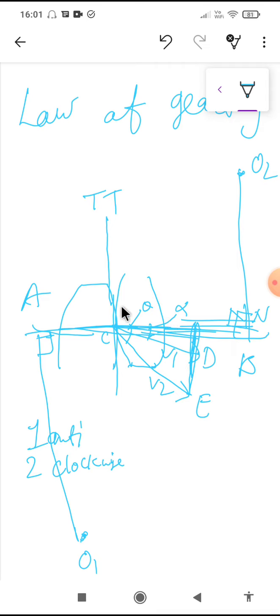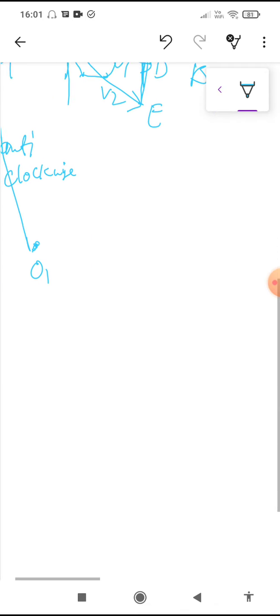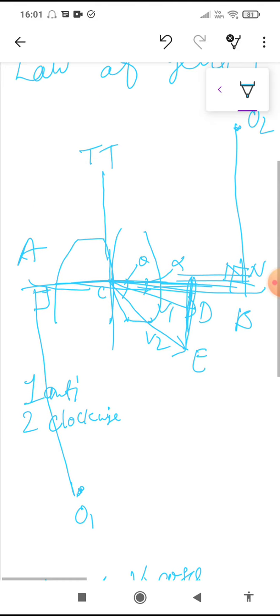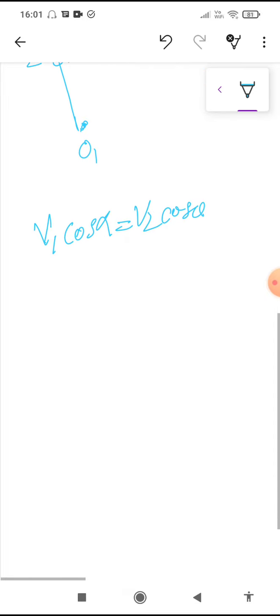So in order that these two will not separate, the relative motion along the common normal NN must be equal to 0. That is, v1 cos alpha must be equal to v2 cos theta. So what does this mean? v1 cos alpha and v2 cos theta should both be equal.